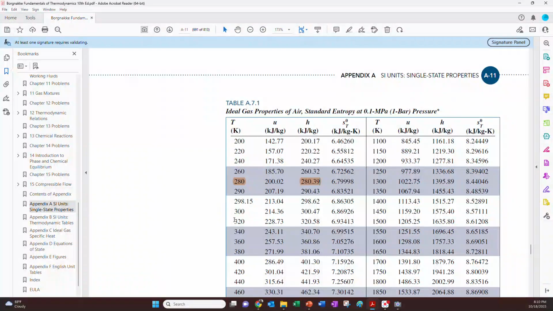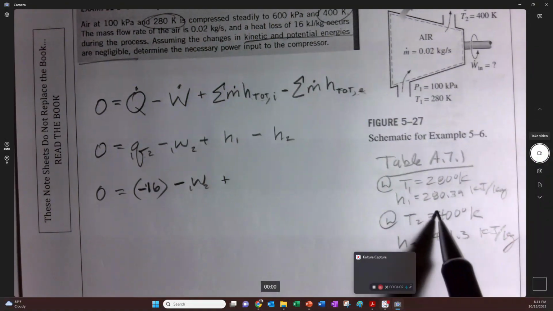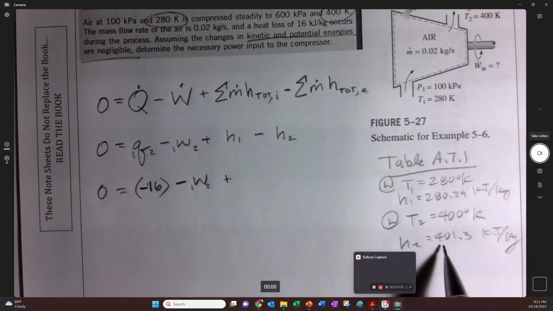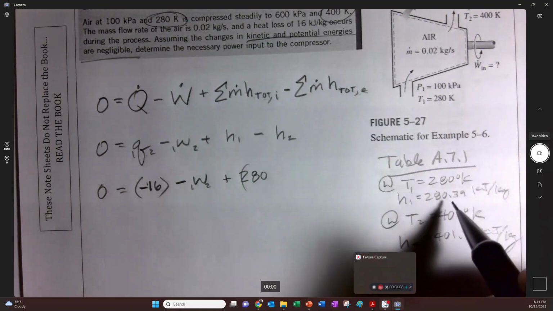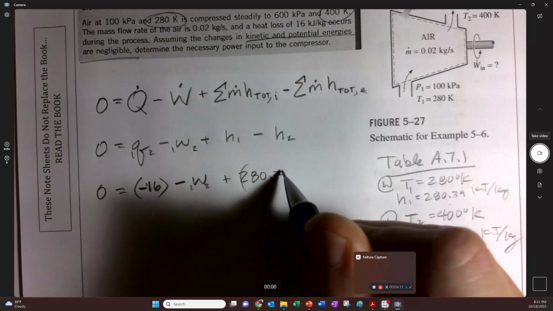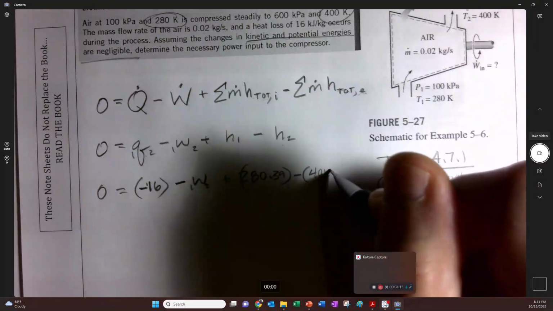Must be a symbol for that. Make life easier. Here's 400. We got just a little bit more, 401. So h2 is 401.3 kilojoules per kilogram. And we can come back and put those in place. h1 is 280.39 minus h2, which is 401.3.